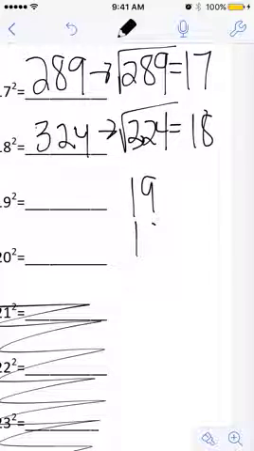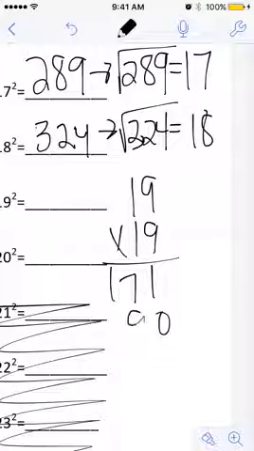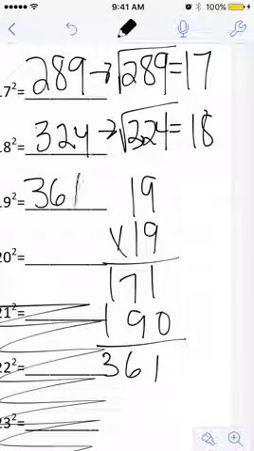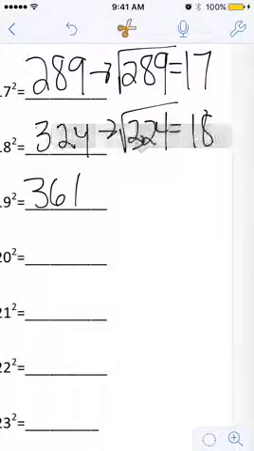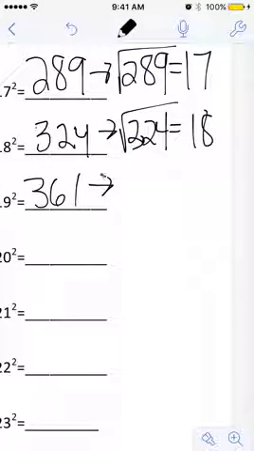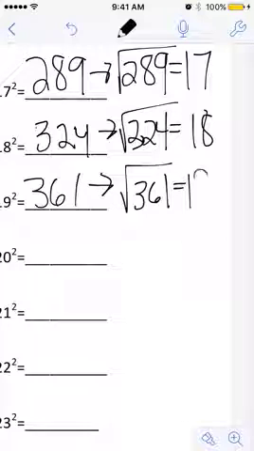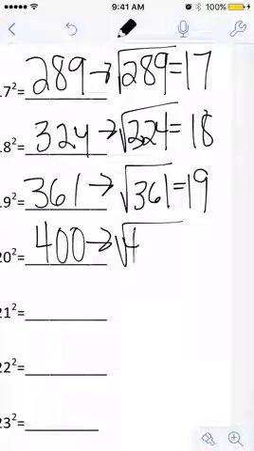And the last one that I really would need to figure out is 19 times 19. That's 361. And take the square root of 361. And then I do know that 20 squared is 400. And the square root of 400 is 20.